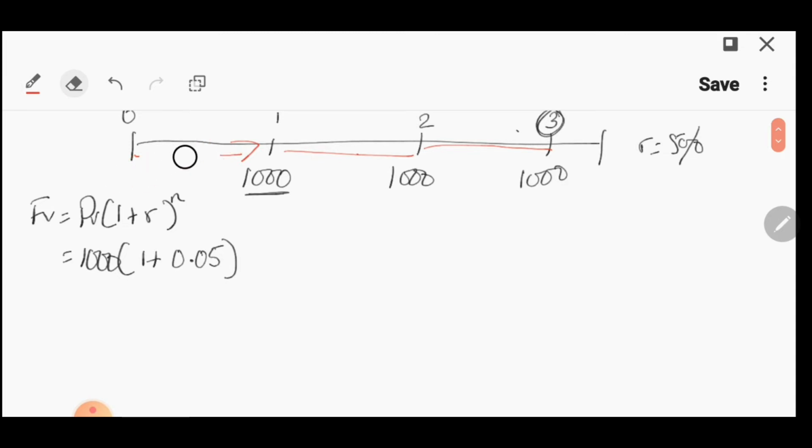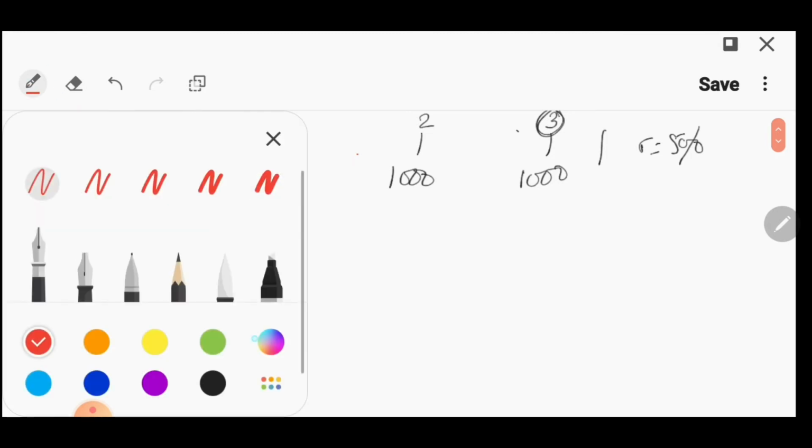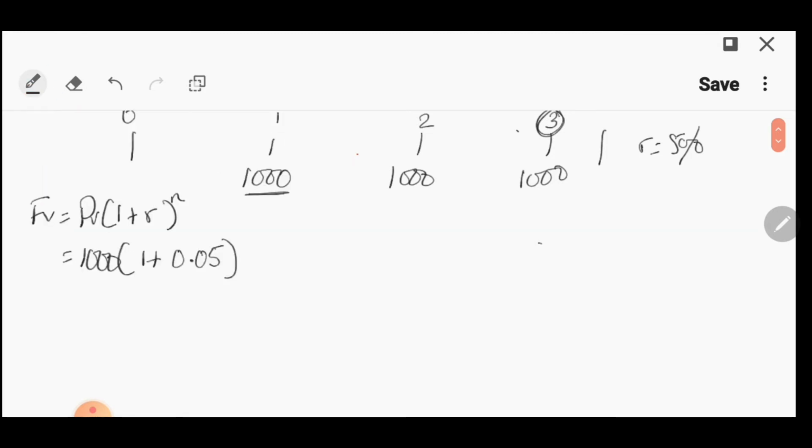Let me just erase this extra. So if you look at the first 1000, it will earn interest for 1 year and 2 years. It's getting interest for the first year and the second year.